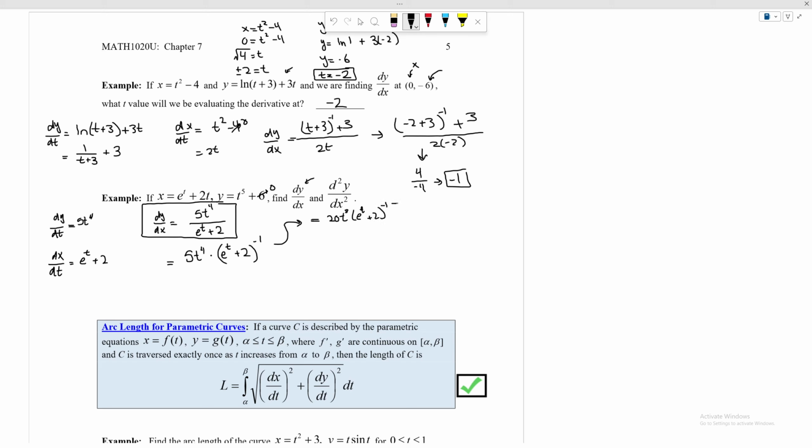All this, plus the first stays the same, times the derivative of the second.